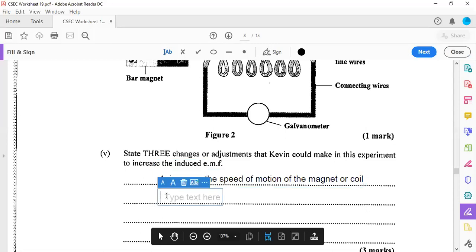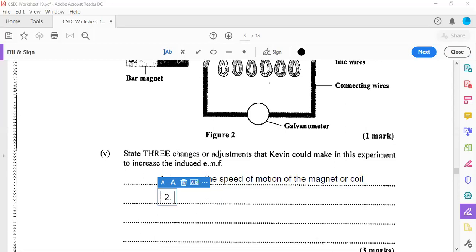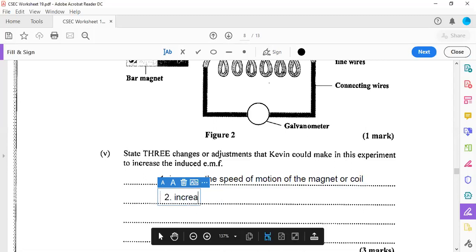The second one would be to increase the number of turns in the coil. And the third one would be to increase the strength of the magnetic field.